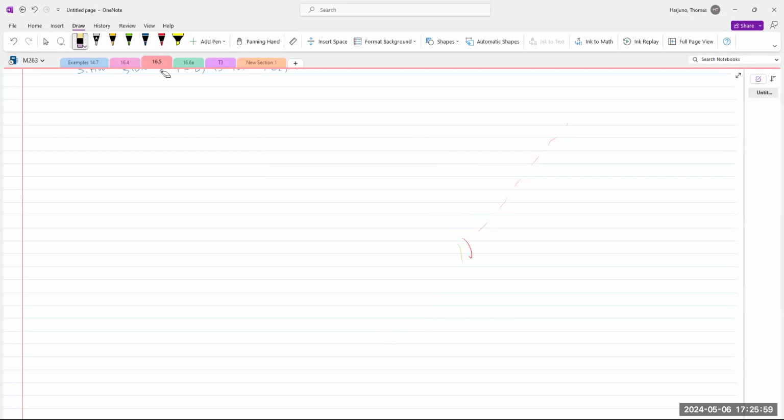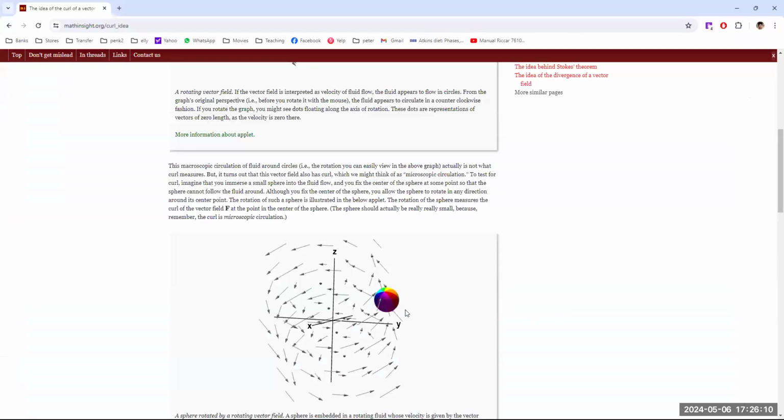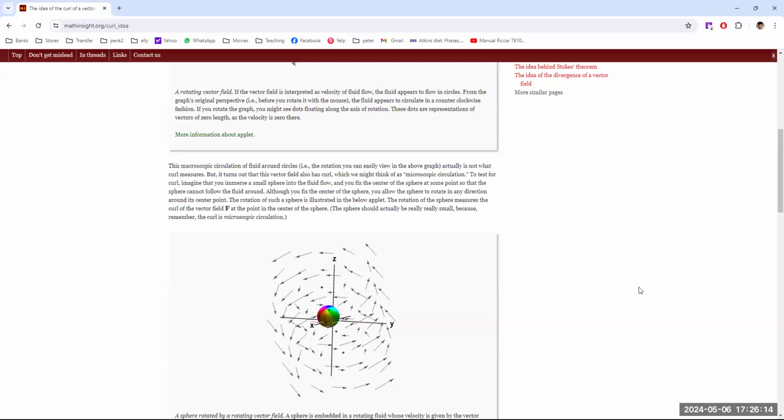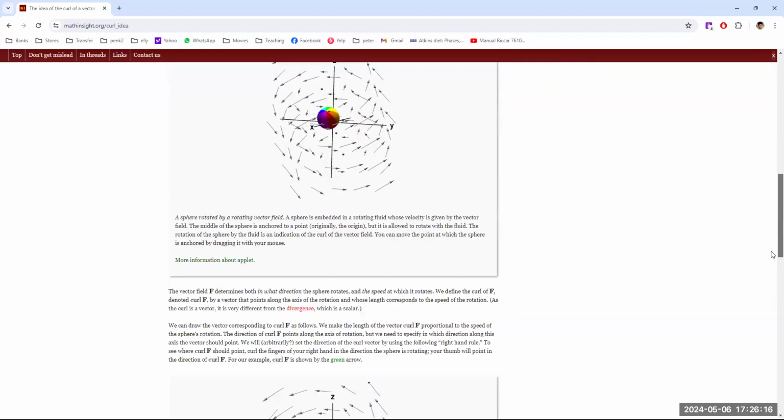Now, in fact, more things can be said about the curl. Okay, let's go back to that plot here. You see that we have that curl, right?